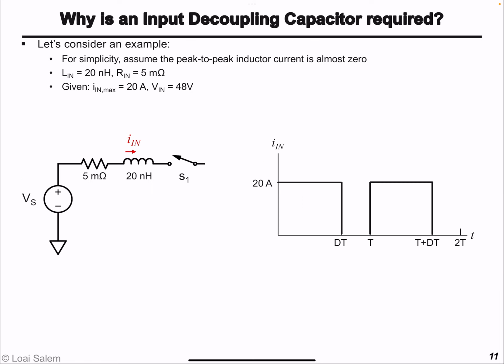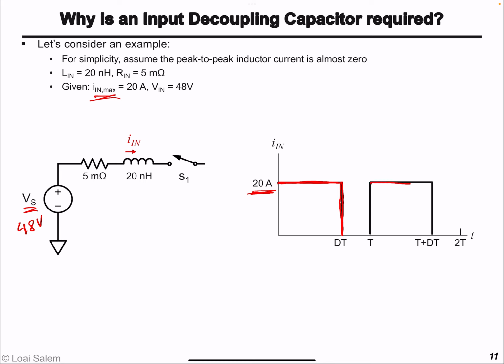Essentially, the current is going to be a rectangular pulse as shown here, just for simplicity. Let's assume the input voltage is 48 volts, and the load current, which is the average value of the inductor current, is 20 amperes. So the input current is a rectangular pulse with an amplitude equal to 20 amperes.